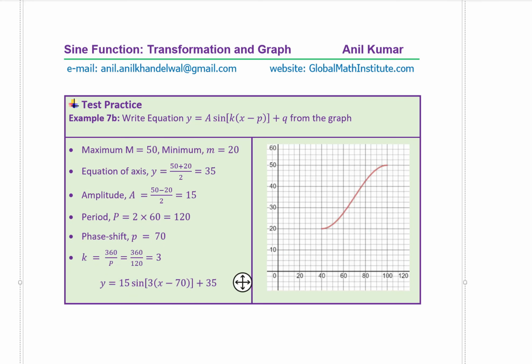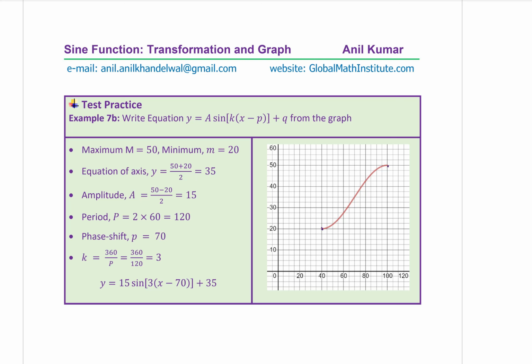Here is the last example right there. Again, we are performing the same operations, reading the minimum and the maximum values, which are 50 and 20. For the axis, add them and divide by 2, getting 35. For amplitude, take the difference divided by 2, and you get 15. For the period, multiply the 60 by 2 to get 120.